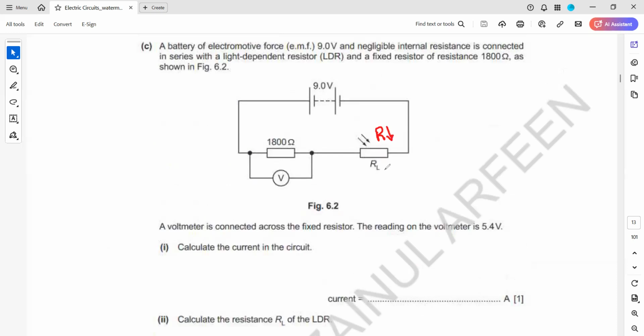If the resistance of the LDR decreases, since they are connected in series, there is less voltage or potential across the LDR, and there will be more voltage or potential across the fixed resistor. Because in a potential divider circuit or series circuit, the total voltage will be constant. If one component has a high voltage, the other component will have less voltage.